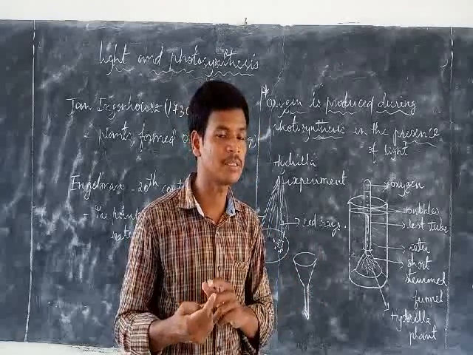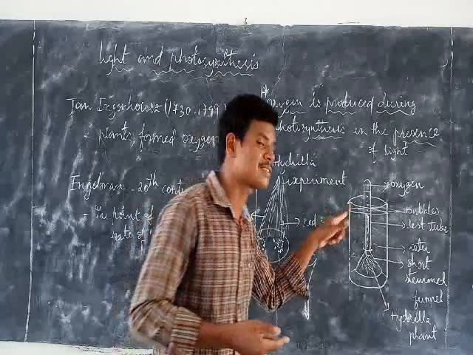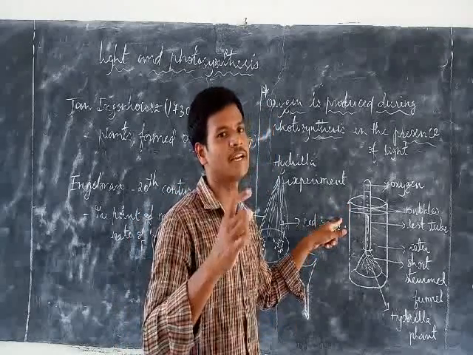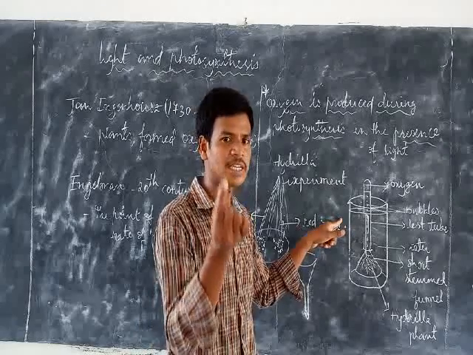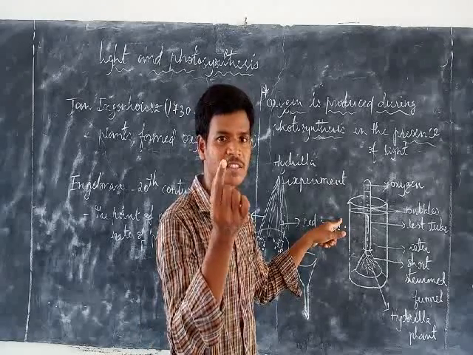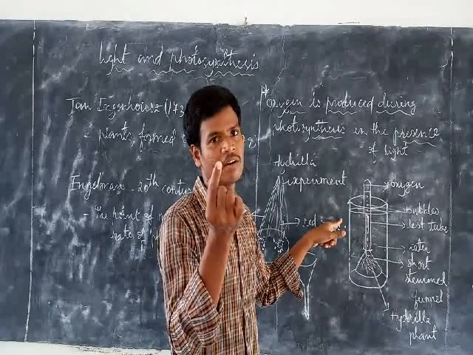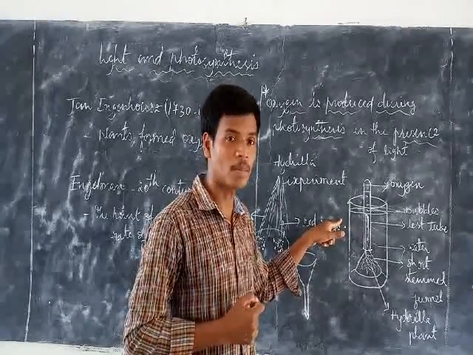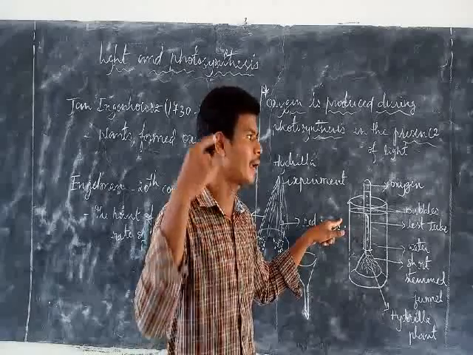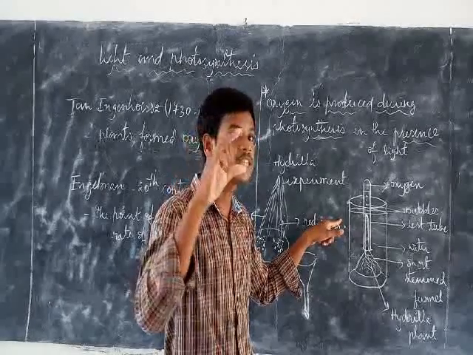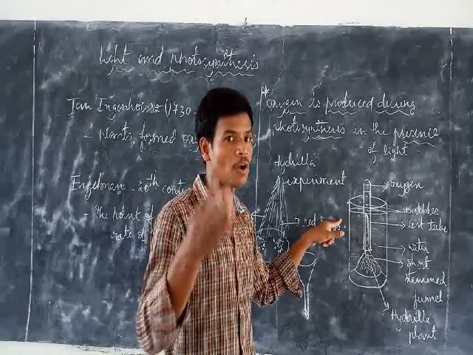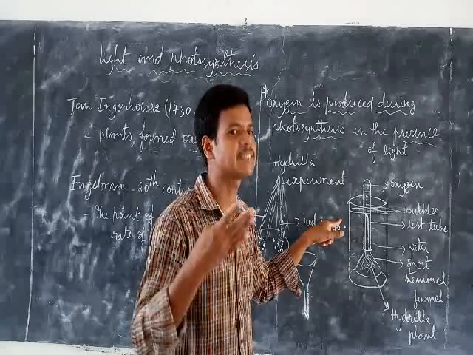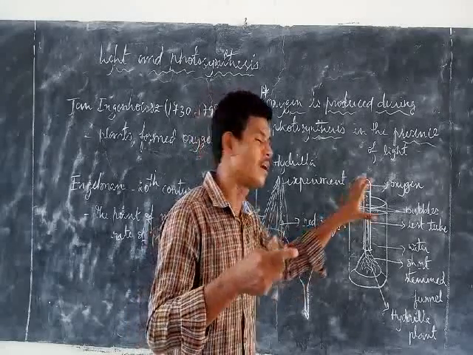The one kept in sunlight collects more oxygen, and if you insert a glowing matchstick or incense stick, that would burst into flames. Then what about the set kept in dark? There is no production of oxygen in that set.